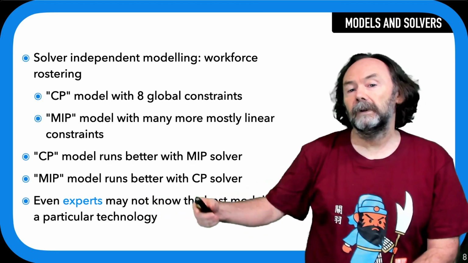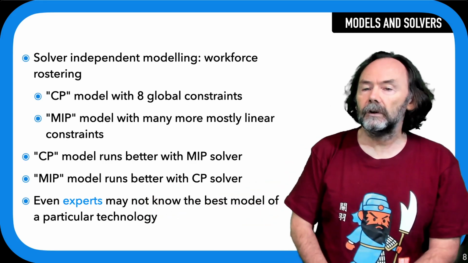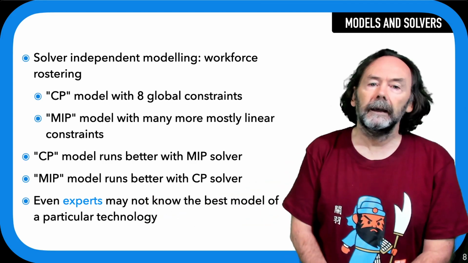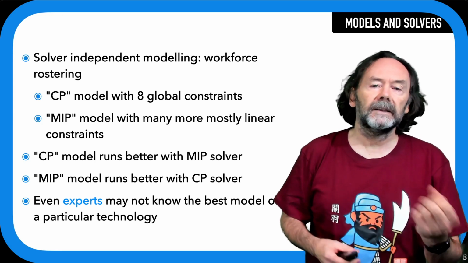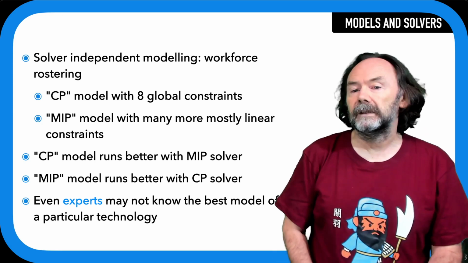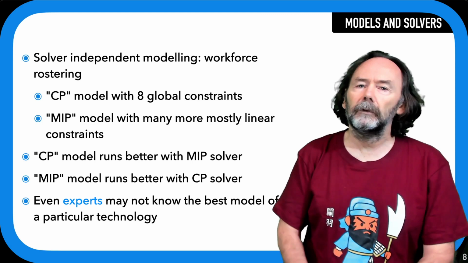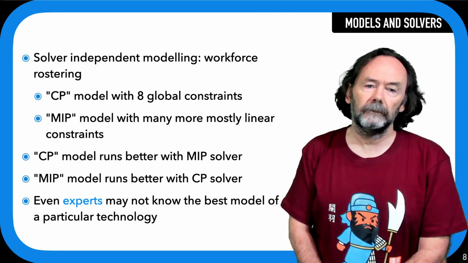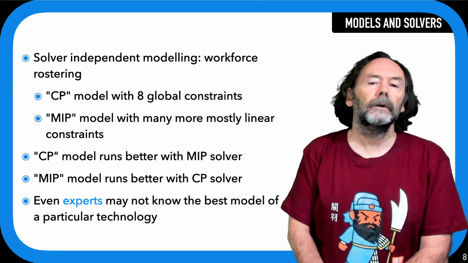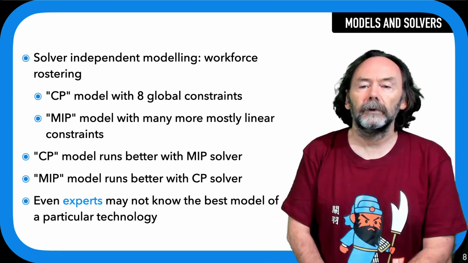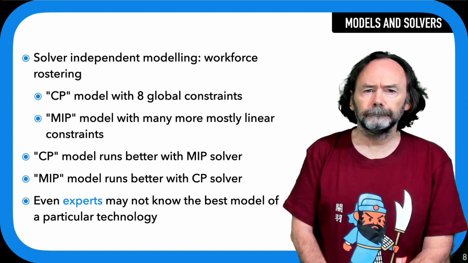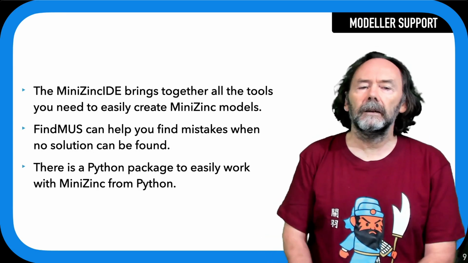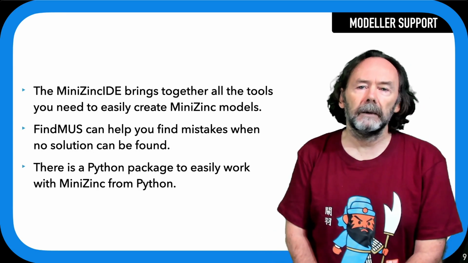And our MIP model ran better with the CP solver, which shows you that even experts can find it difficult to know what's the best model for a particular solver or what's the best solver for a particular model. And that means solver-independent modeling is valuable because it allows us to experiment with that really, really straightforwardly. Otherwise, we have to do a lot of work to build a new copy of the model for each solver in a separate way.